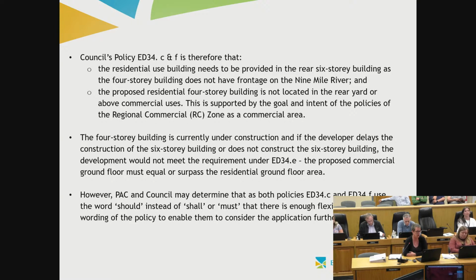So this policy, therefore, says that the residential use buildings need to be provided in the rear six-story building, as the four-story building does not have frontage on the 9 Mile River, and the proposed residential four-story building is not located in the rear yard or above commercial uses. And this is supported by the goal and intent of the policies of the regional commercial zone.